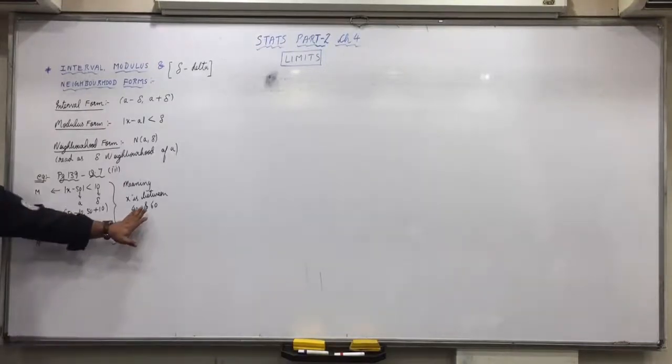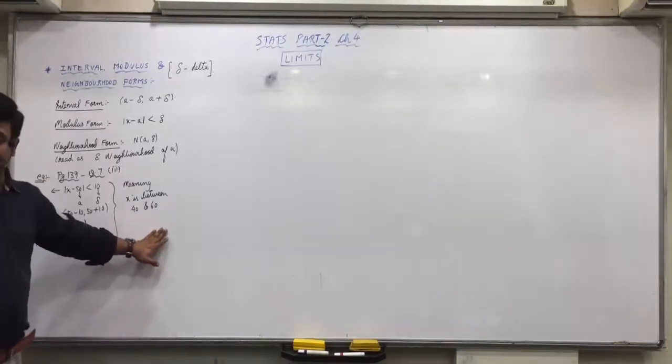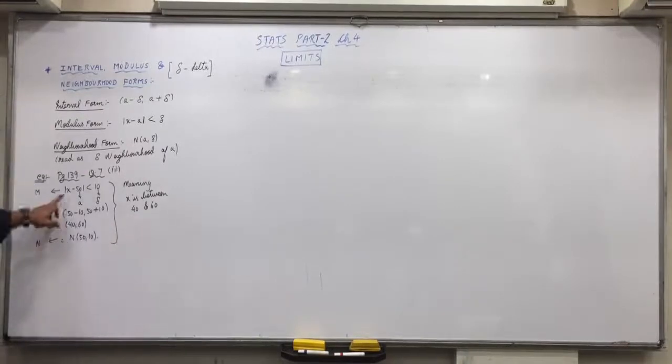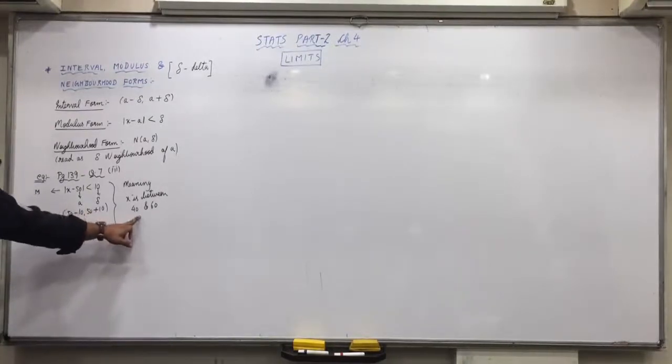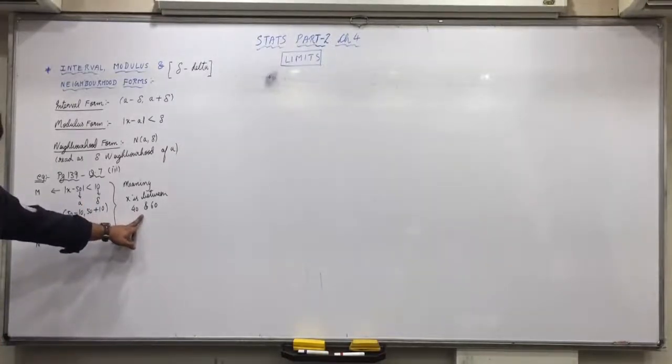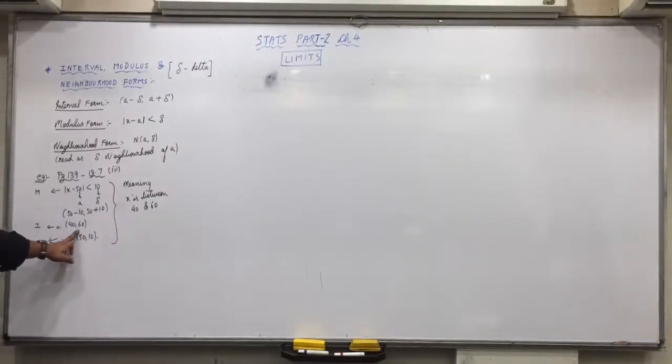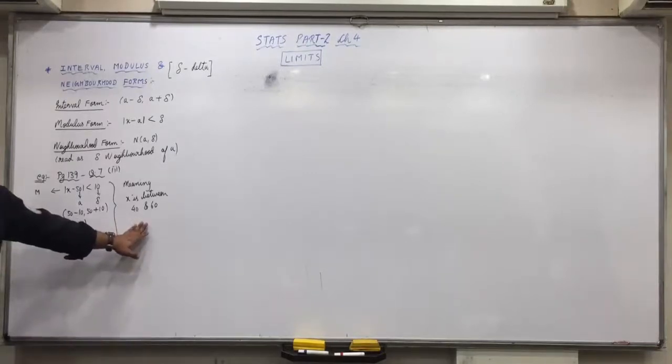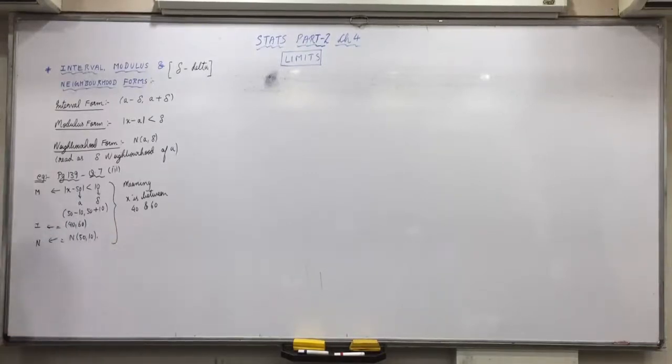If you want to write that x is between 40 and 60 in modulus form, you will write |x - 50| < 10. The same thing in interval form, you will simply write (40, 60). And in neighborhood form, you will write N(50, 10). But the meaning of all three is the same. Did you understand this portion, everyone?